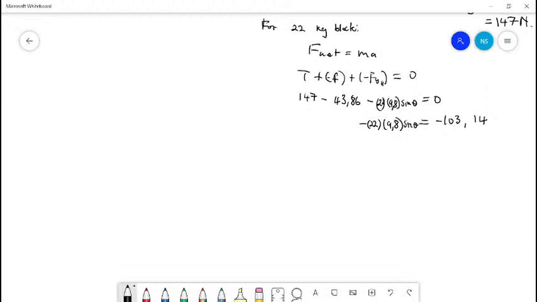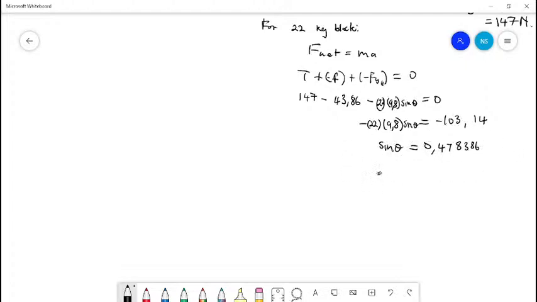Then we divide both sides by negative 22, and this gives us sine theta equals 103.14 divided by 22 times 9.8. That gives us a value of 0.478386, which I just rounded off.